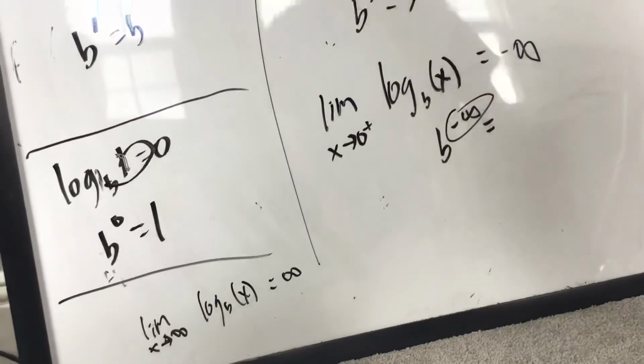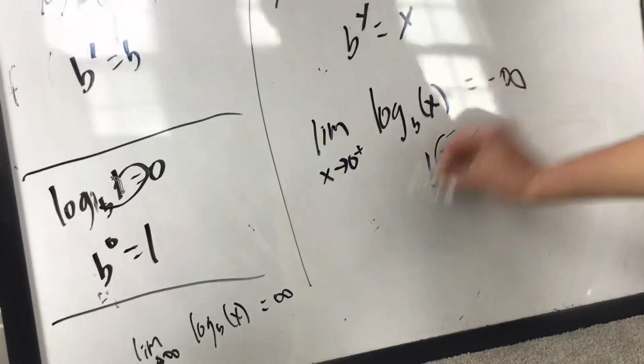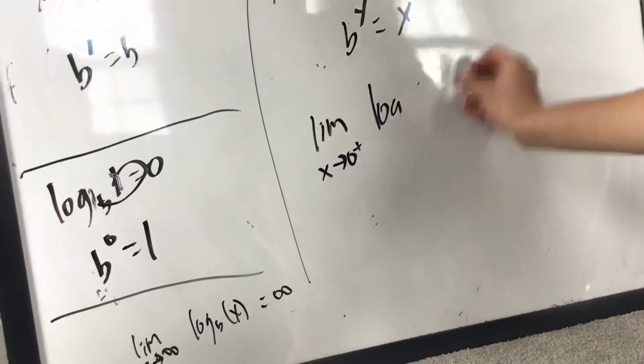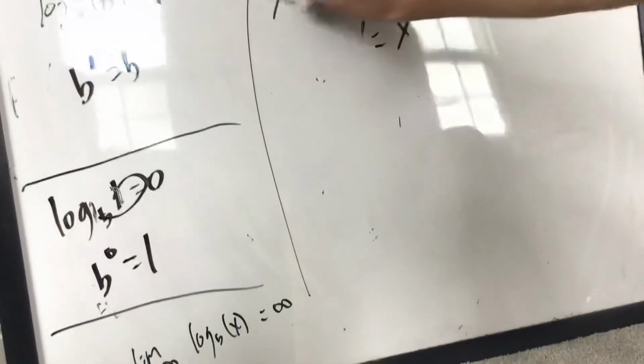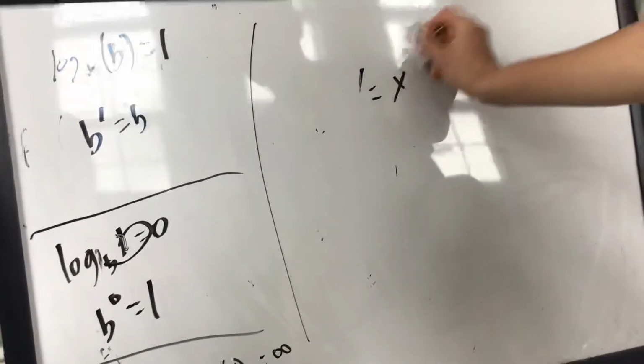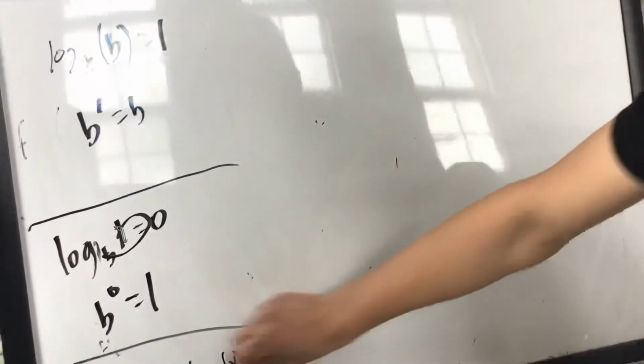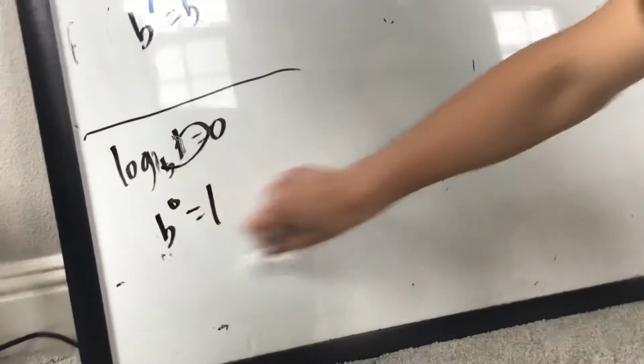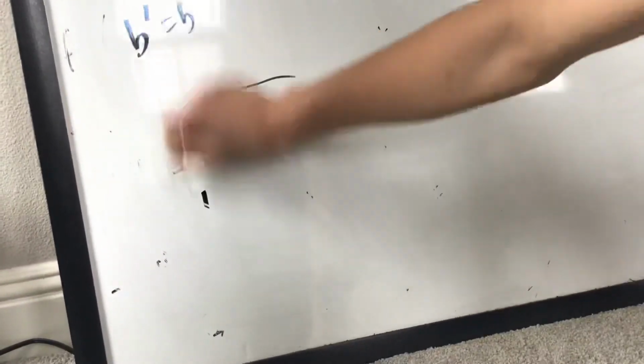So on a side note, go ahead and graph log of x on a calculator, and try to think about what will happen to the graph as you go to x equals infinity. Just as a hint, know that it's the inverse of an exponential function, so that should help you a little bit. Now some practice problems.